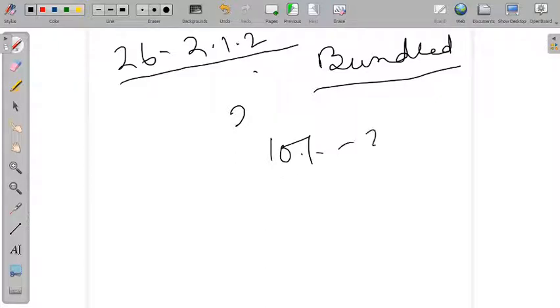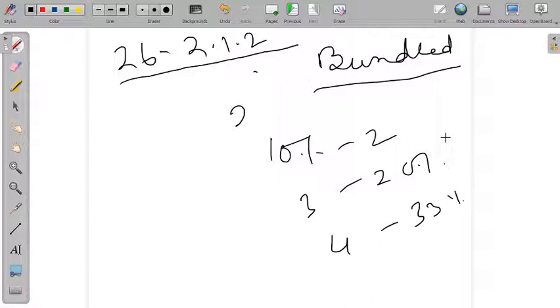When 3 bars are there, it will be increased by 20%, and when 4 bars are bundled together, the development length will be increased by 33%. You can refer to clause number 26.2.1.2.